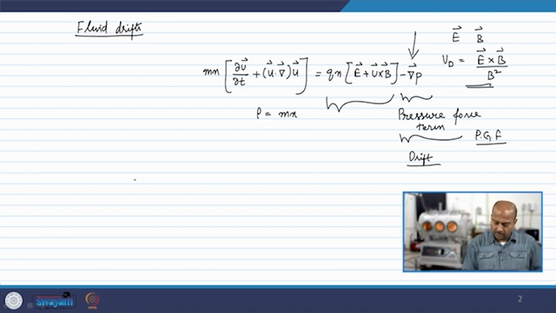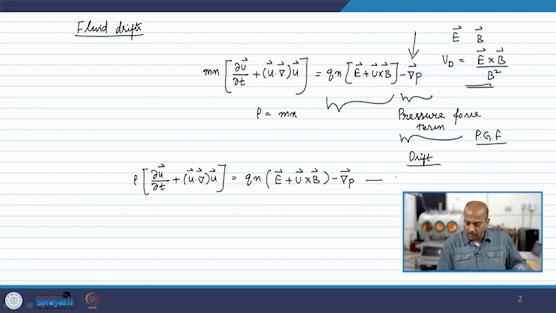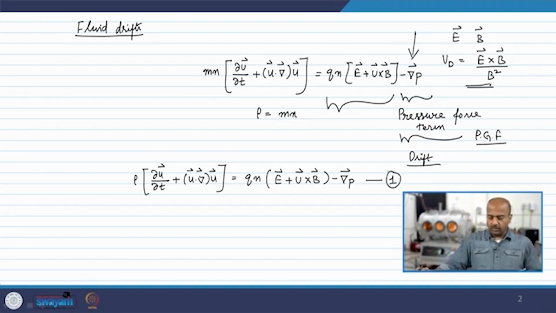We can rewrite this basic equation: rho times ∂u/∂t plus u dot del times u is q n times E plus u cross B, minus del P. This is the momentum equation, let us call it equation number 1.